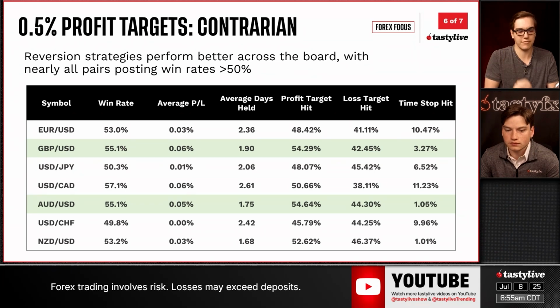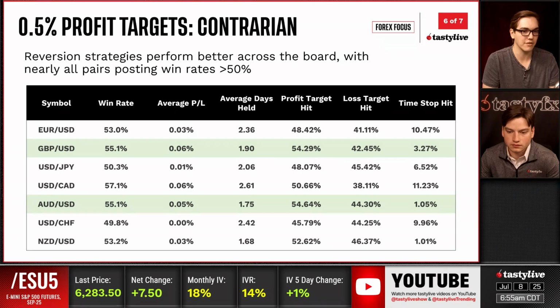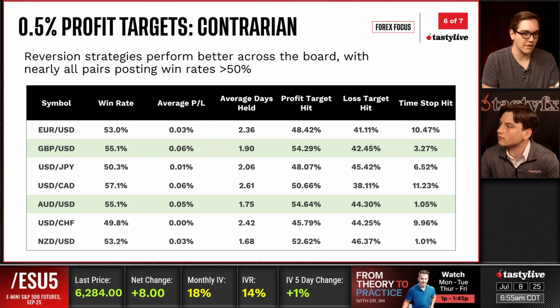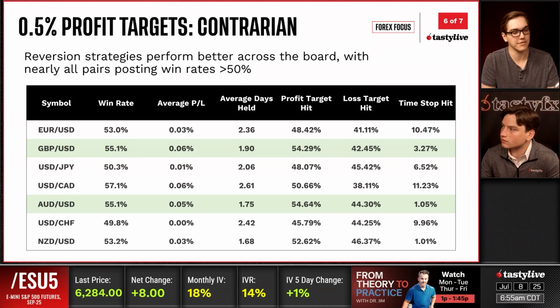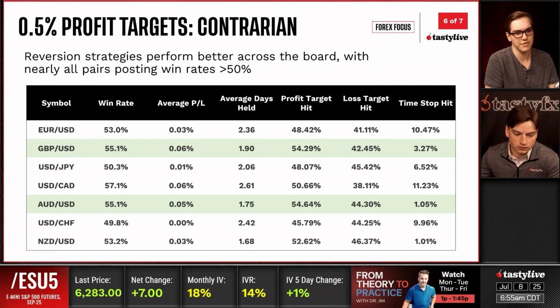And when you're looking at it from either the contrarian or the momentum perspective, it just goes to show you not only does it move more, but the momentum and the contrarian side is also exaggerated in those scenarios, just based off average days held, profit target hit, or time stop hit too. You just see the exaggerated relationship between the two on there. So that's kind of cool to see just in the data itself.